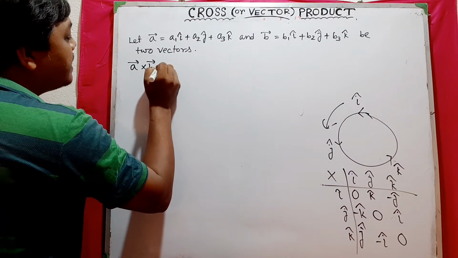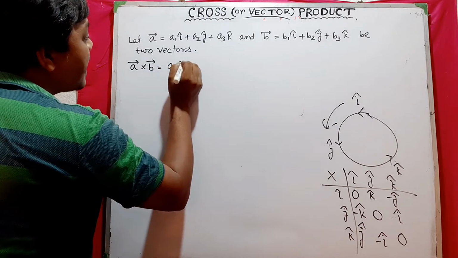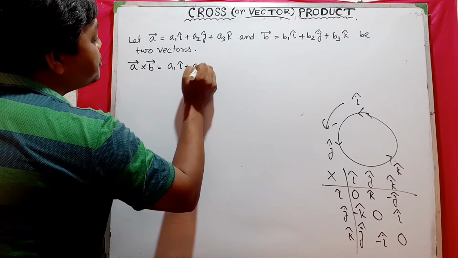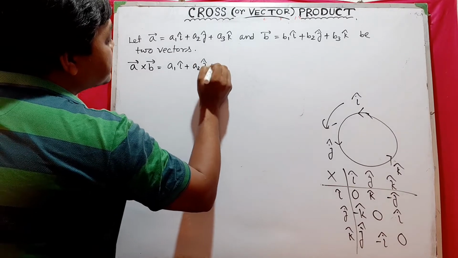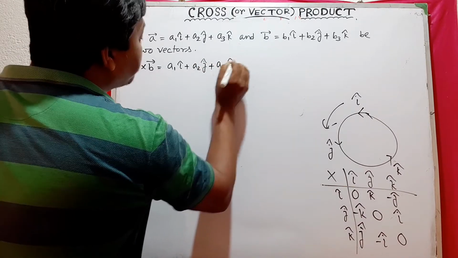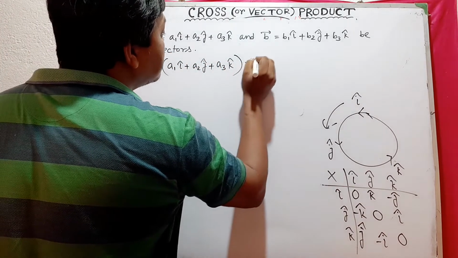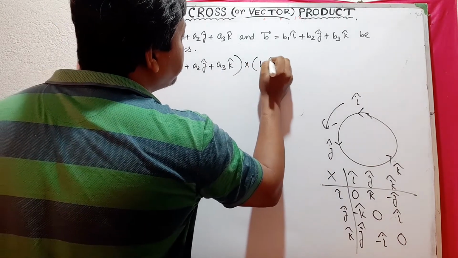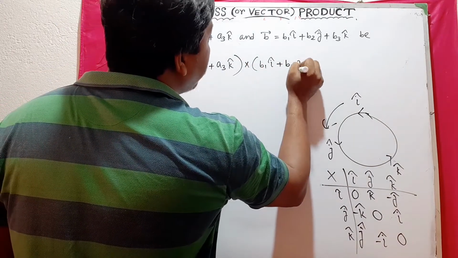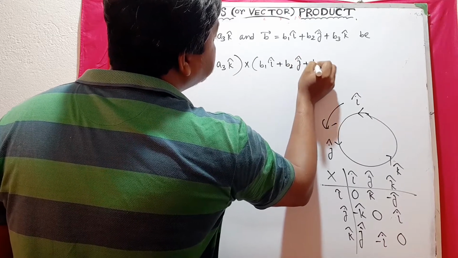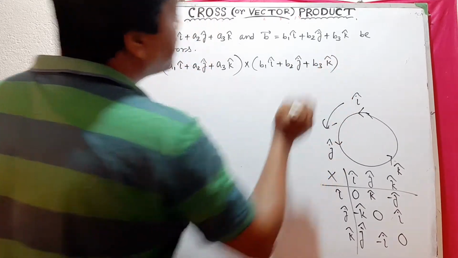A cross B, that is A1 I cap plus A2 J cap plus A3 K cap cross B1 I cap plus B2 J cap plus B3 K cap. Okay.